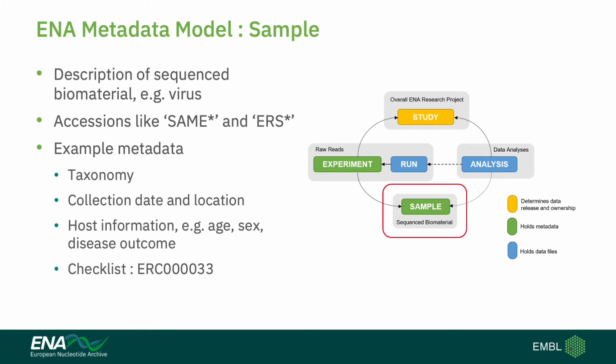And the type of metadata that we would define on this level is obviously taxonomy is essential to tell us what the actual sample is. Collection date and location, at least country level, are also quite essential, just to make this data useful and searchable.